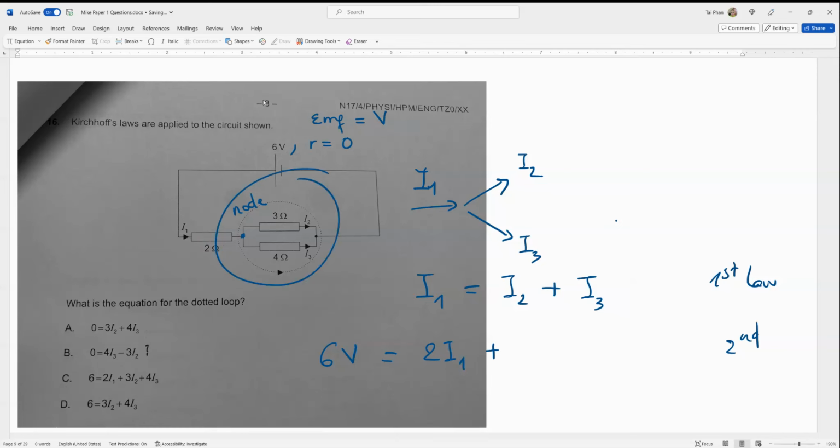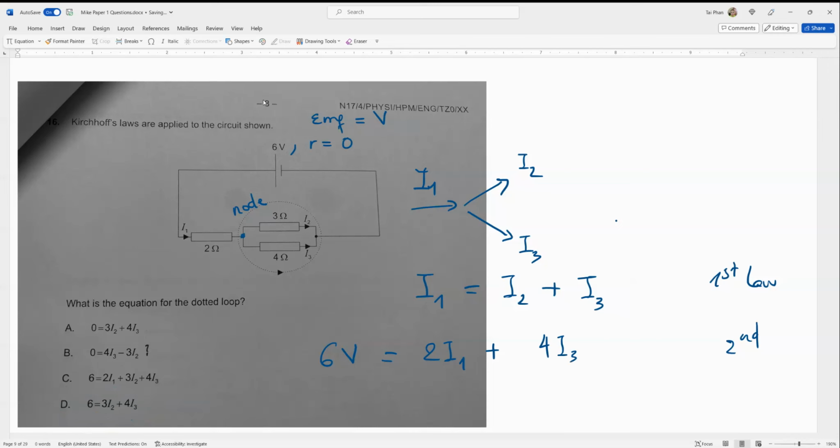For this branch, we just need to calculate one voltage value, meaning I2 times 3 or I3 times 4. According to the options A B C D, we have the last one, I3 times 4.